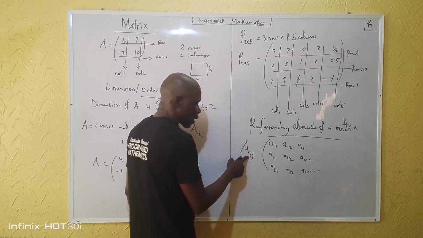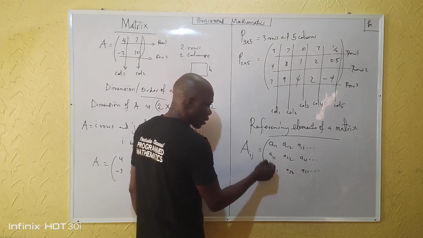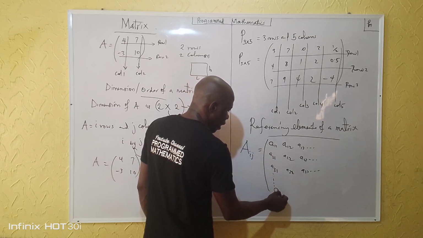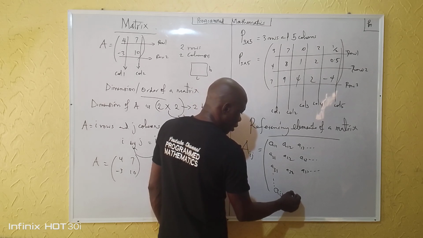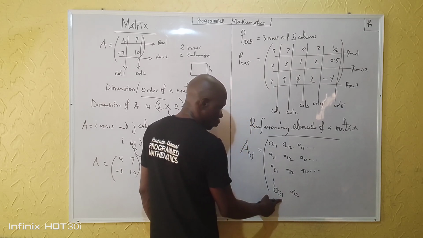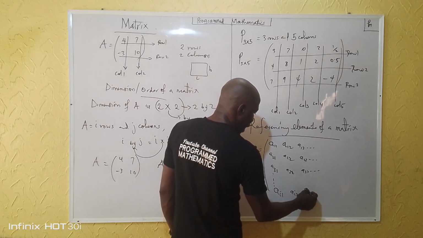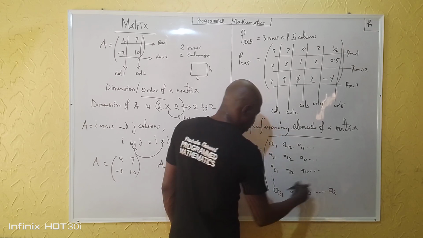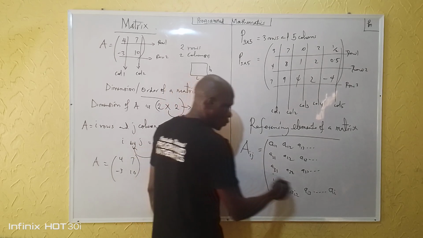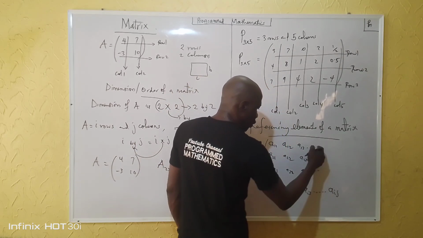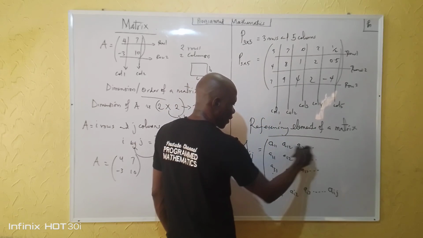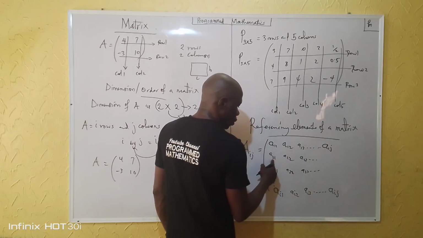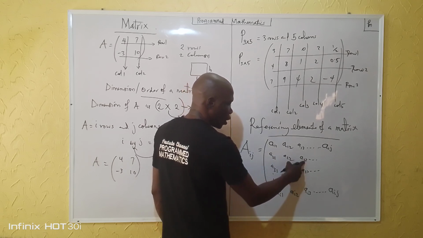Now, since I have i rows here, I can continue this down to ai1, ai2, ai3, like that, until I get to aij. How many columns here? j columns. So I have aij. This one also will continue from a11, this first row, to a1j.